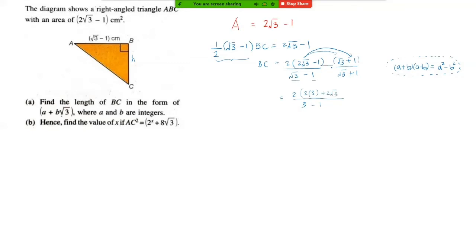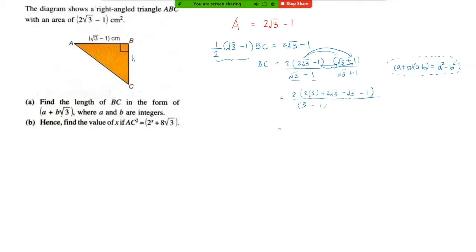Next, this one, we will have minus √3, and then the second term with the second term becomes minus 1. All right, so over here, 3 minus 1 is actually 2. Okay, there's a close bracket.